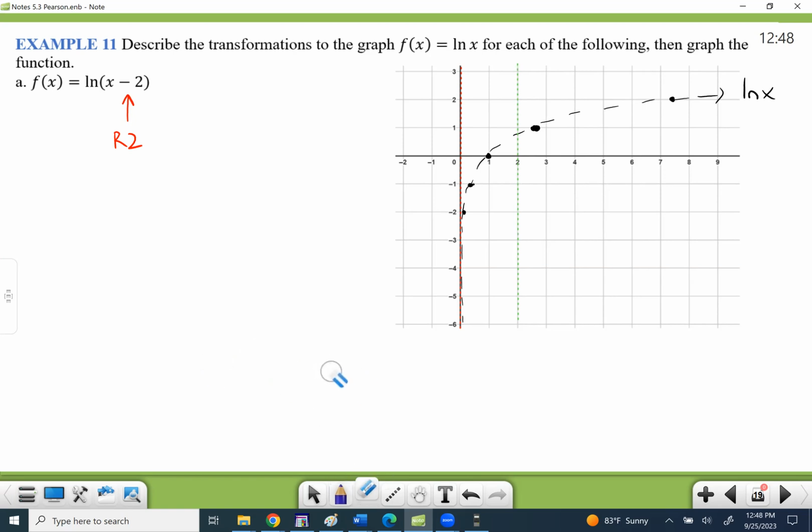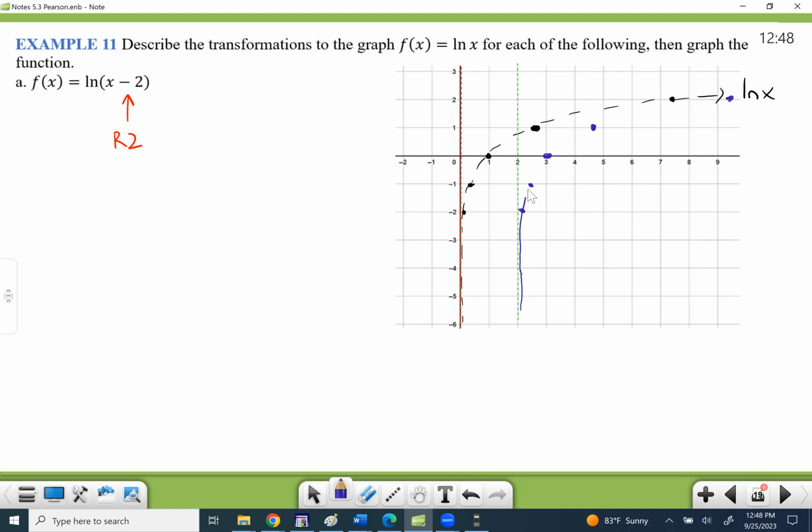Okay. So here we go. I'm going to shift all of these dots too to the right 2. So 1, 2, 1, 2, 1, 2, 1, 2, 1, 2. And now I'll draw the line through that.